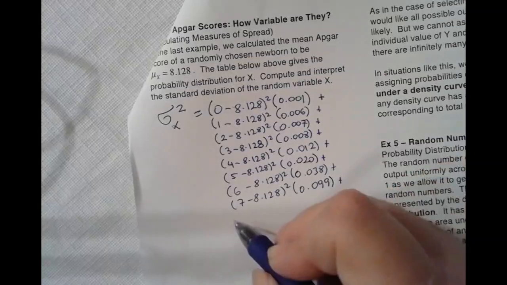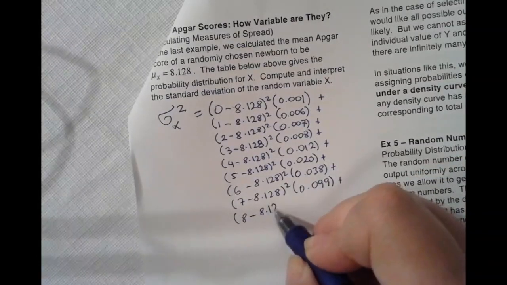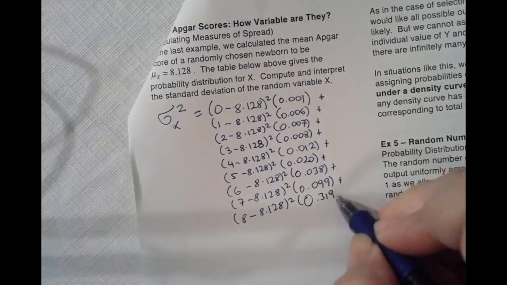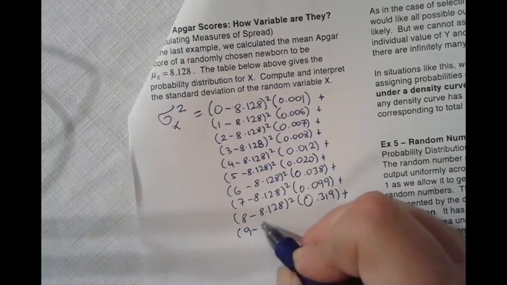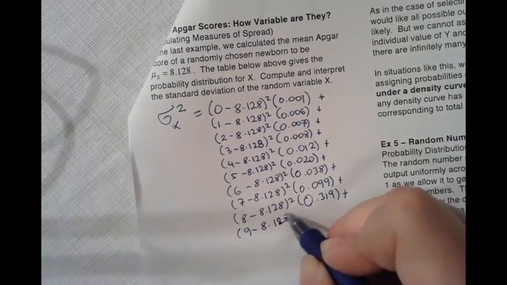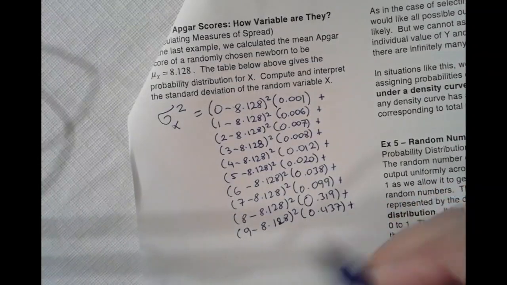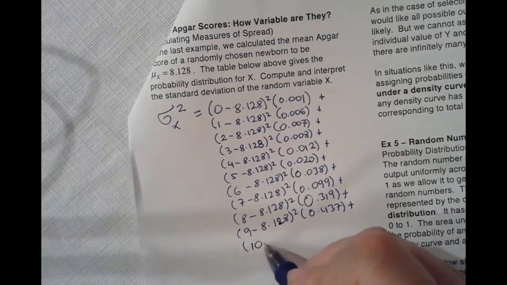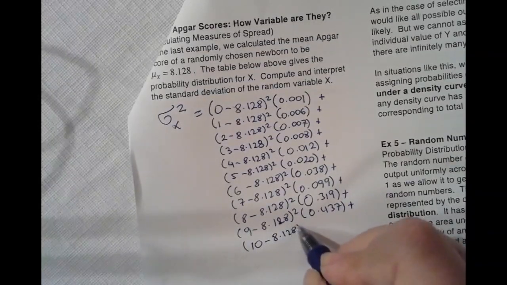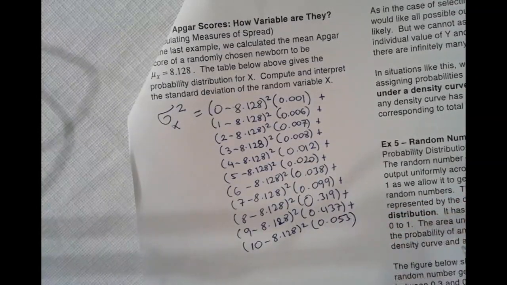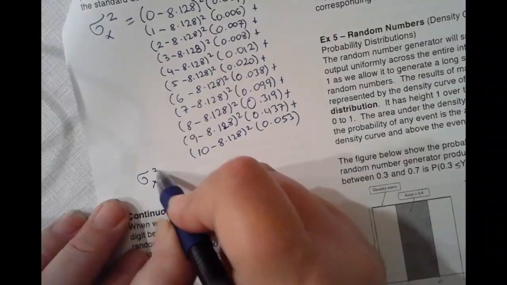Then 7 minus 8.128 squared times 0.099. 8 minus 8.128 squared times 0.319. 9 minus 8.128 squared times 0.437. And then the last one, 10 minus 8.128 squared times 0.053.